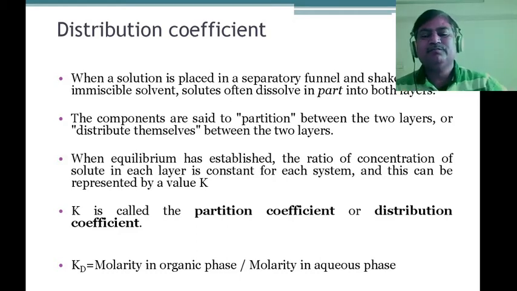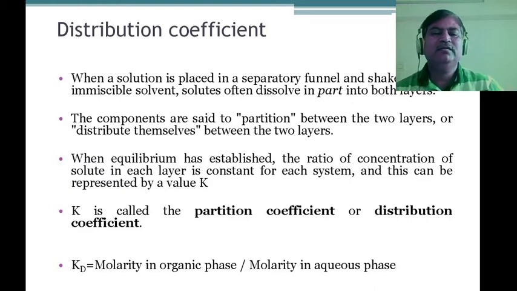It is the ratio of the concentration of solute in the organic phase to the concentration of solute in the aqueous phase. In a simple manner, this ratio is termed the distribution coefficient. It is denoted by K subscript D, that is Kd. Is it right? So this is the simple definition of distribution coefficient.